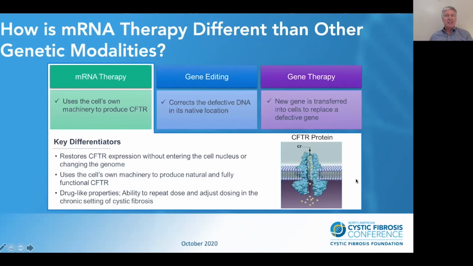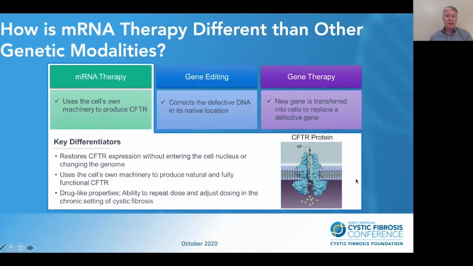The mRNA doesn't integrate into the genome of the patient, and so it doesn't permanently alter the genome. And we know that altering genomes can have unexpected off-target effects, which are not desirable. In addition, we can titrate the dose. So we can either increase or decrease the dose of the mRNA to optimize it for benefit.